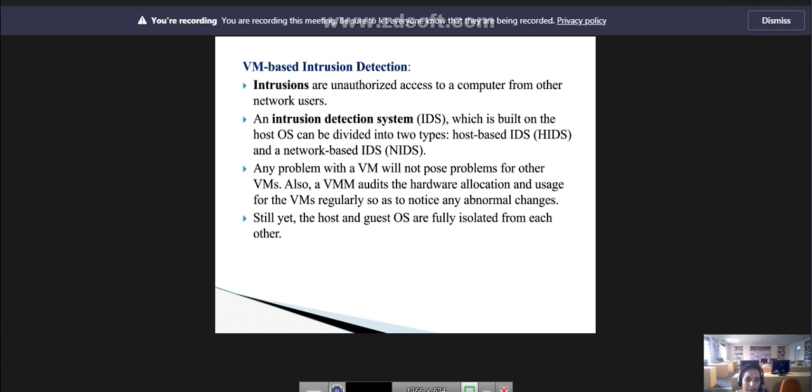Any problem with a virtual machine will not pose problems for other virtual machines. The VMware hypervisor audits the hardware allocation and usage for the virtual machines regularly, so we notice any abnormal changes. The host and guest operating systems are fully isolated from each other.